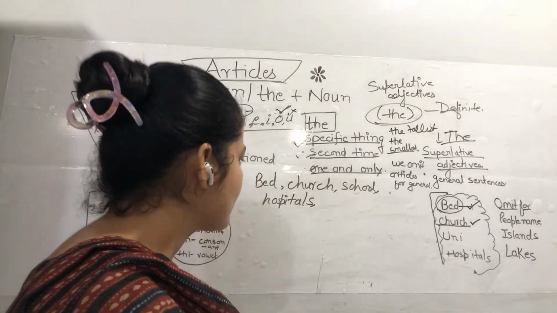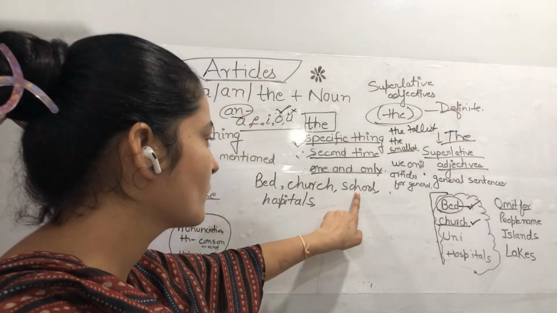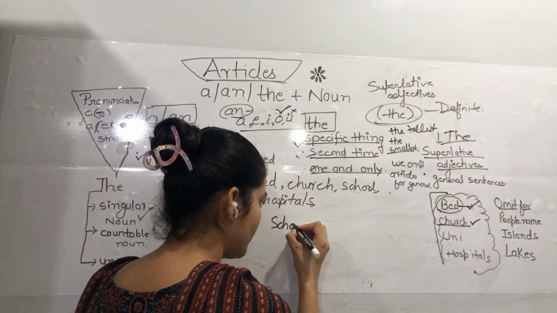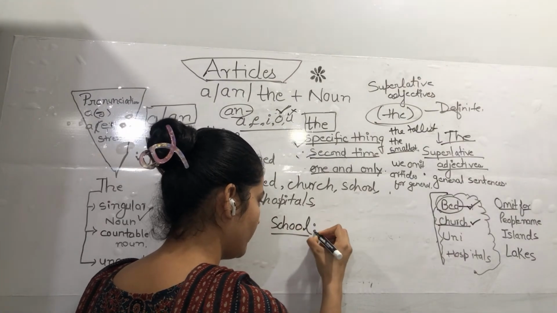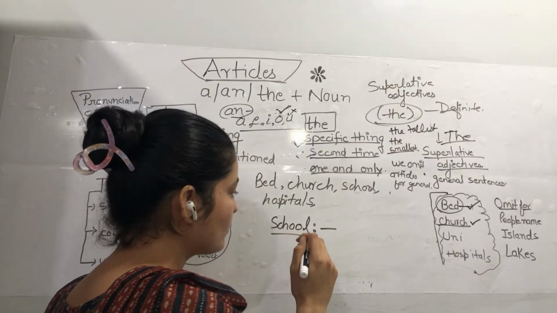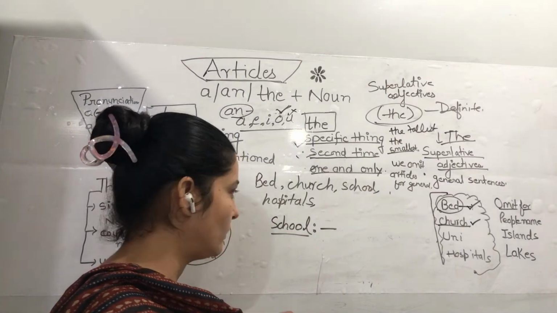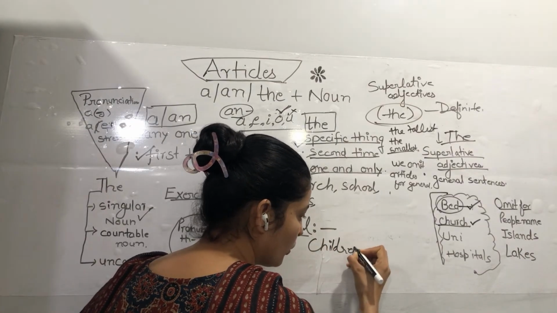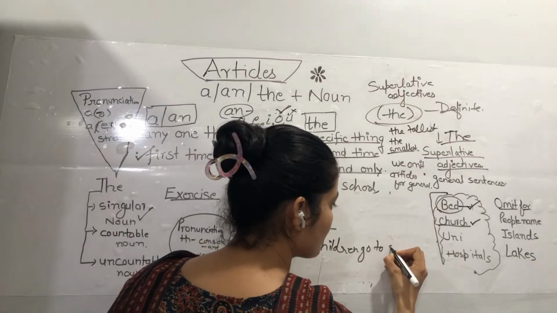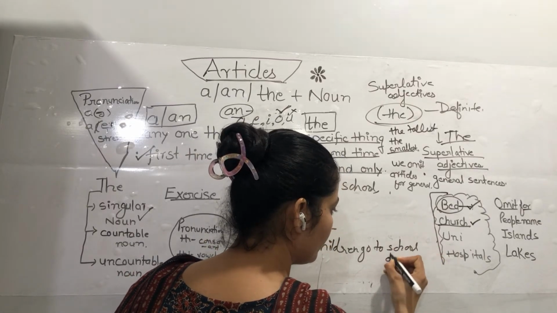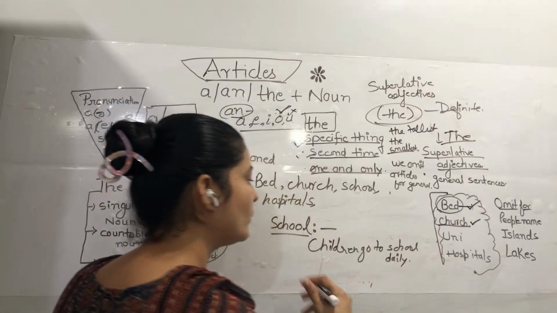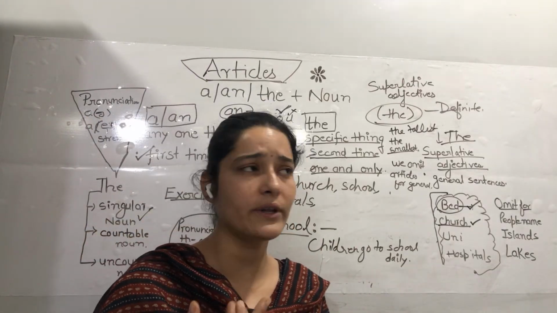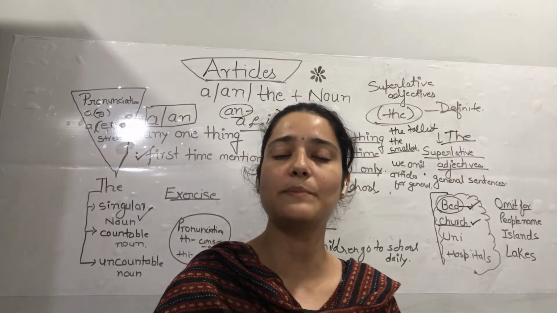So there are some sentences, like, we'll take school, not making it very confusing or difficult. Children go to school daily. But children are going to school daily, it's normal for them because they spend most of the time there.